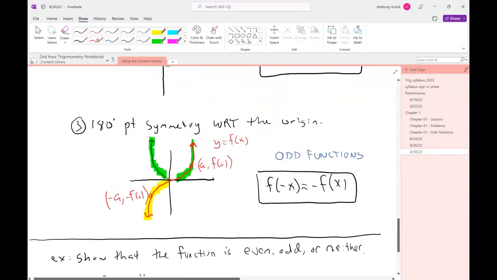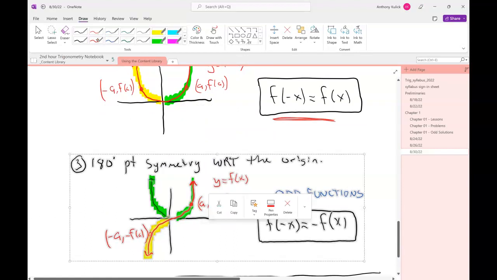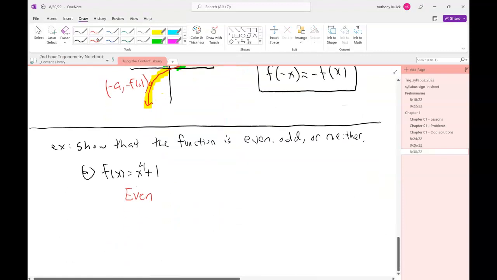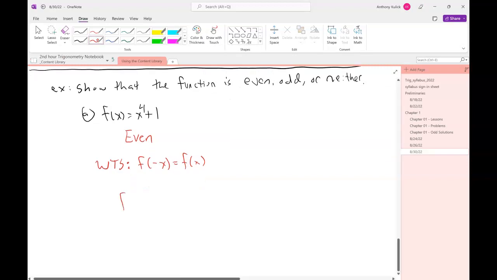So to show something is even, I need to show that f of negative x equals f of x. Everybody's okay with that idea? To show something algebraic like this, I'm going to start with the left-hand side and try to end with the right-hand side.